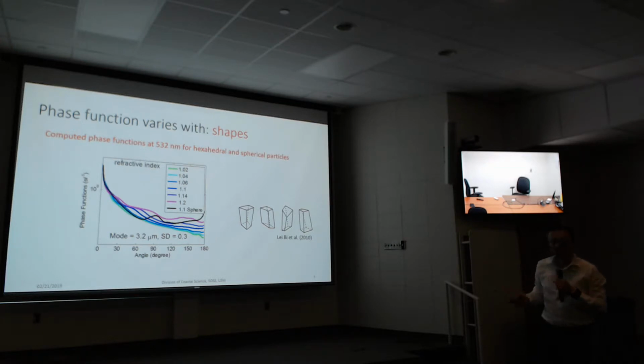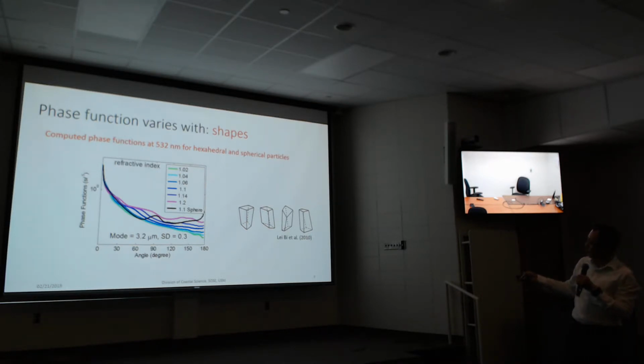It also depends on the shape of particles, like a spherical particle or a different shape. The angular distribution will be different. Here, all the colored lines are calculated for a particle with a very weird six-sided hexahedral shape, and the black line is calculated just for a spherical particle.